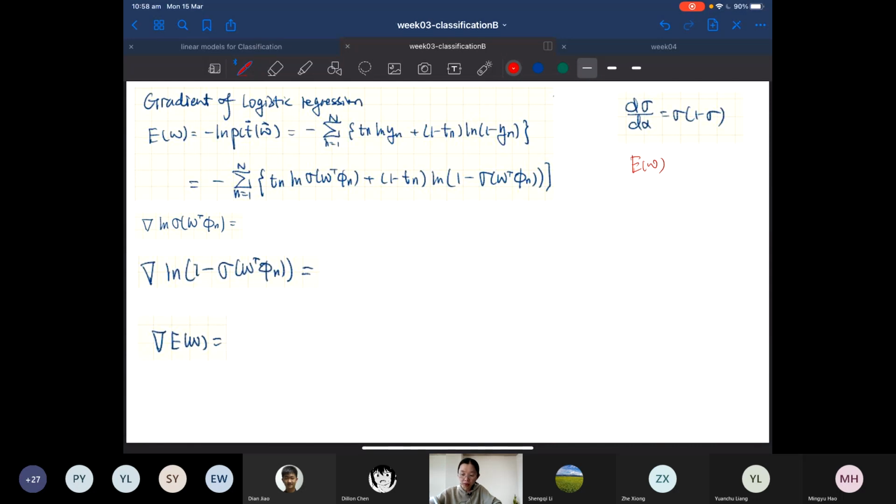Take the gradient of E of W with respect to W, and if this is 0, then it is likely a local minimum. It's not a sufficient condition, as we will cover in the neural network section.